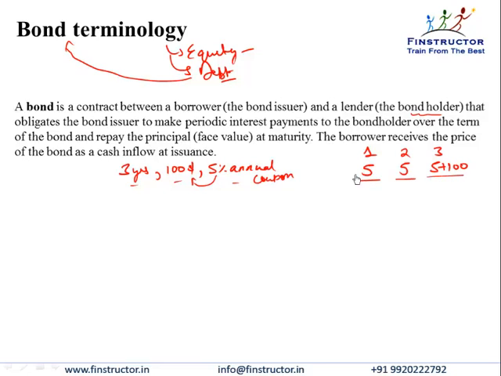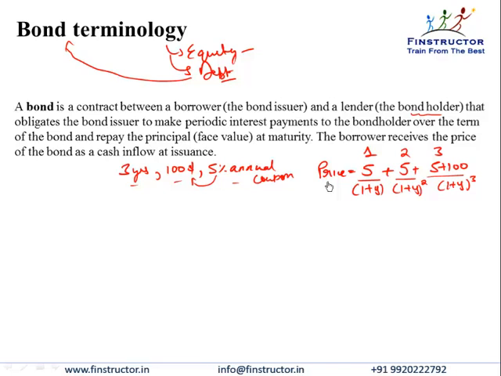So the discount rate will often be different from the coupon rate and will help us calculate the price of the bond as the present value of the expected cash flows. So the first cash flow will be discounted back by 1 plus the rate of interest to the power 1. Second cash flow would be discounted back 2 years. And the third cash flow will be discounted back 3 years, as we've studied earlier.